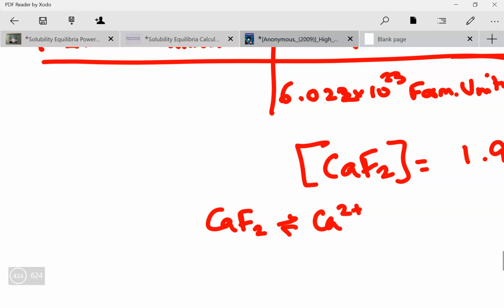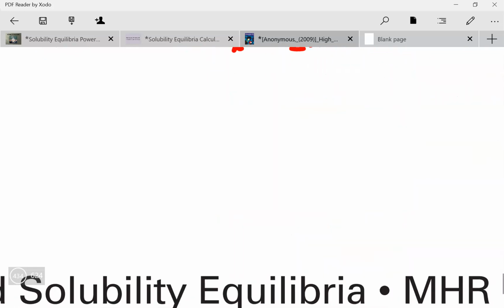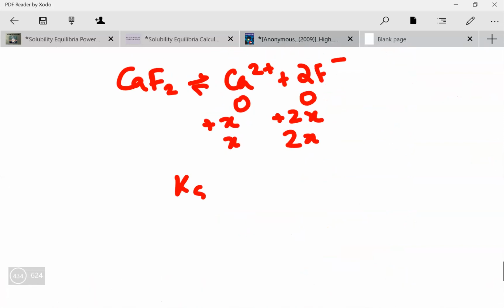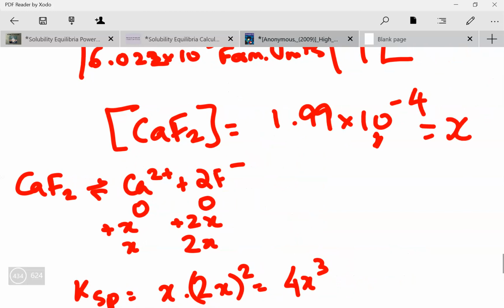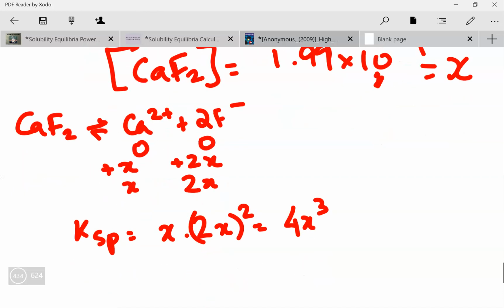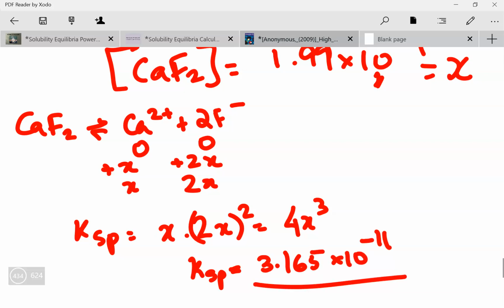So Ca2+ and 2F minus, like so. Ksp equals X times 2X squared, which is 4X cubed, and X was this. I take the cube of that number, multiply by 4, and I get 3.165 times 10 to the power of negative 11 as my Ksp.